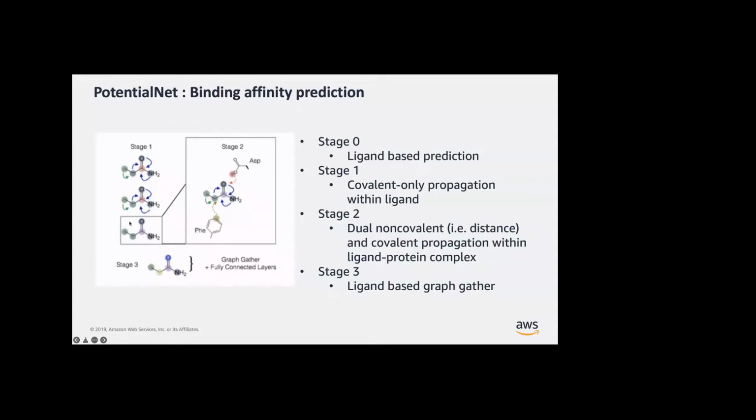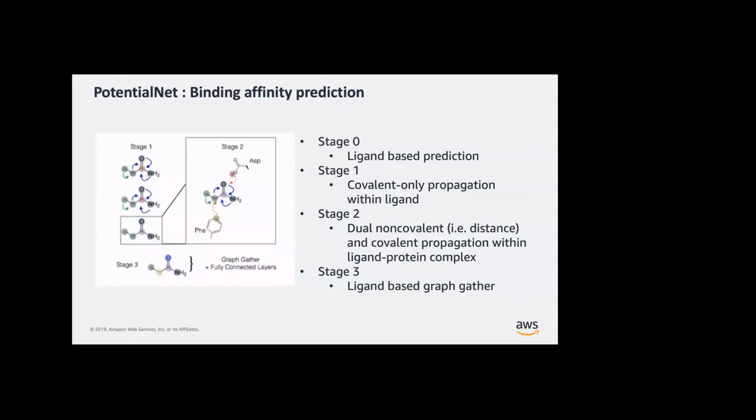Once it's done, it goes to stage 2, which is message passing among the atoms in different distance bins, which takes into account both covalent and non-covalent bonds.